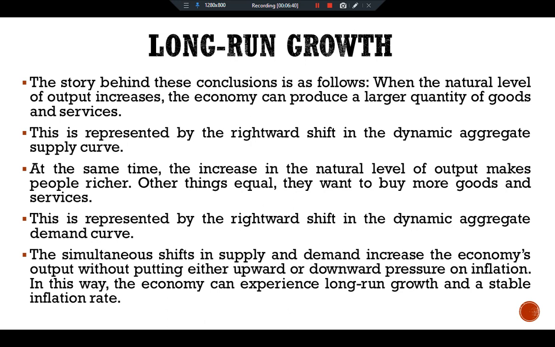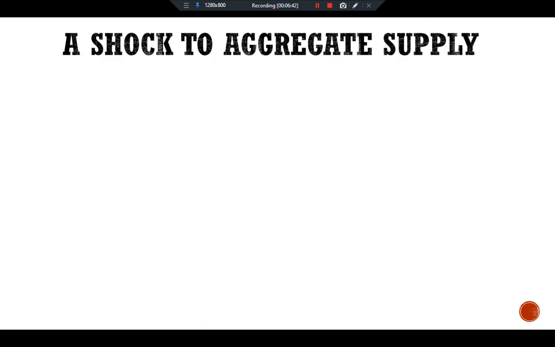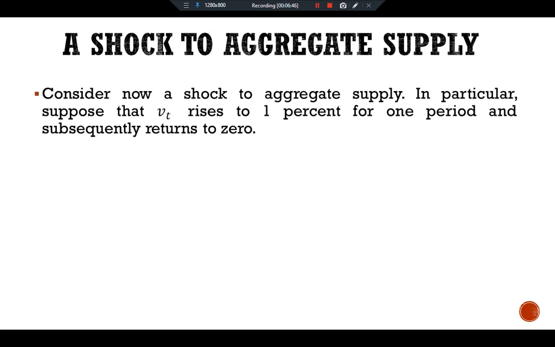Okay, let's discuss a shock to aggregate supply. Consider now a shock to aggregate supply. In particular, suppose that vt rises to 1% for one period and subsequently returns to 0.